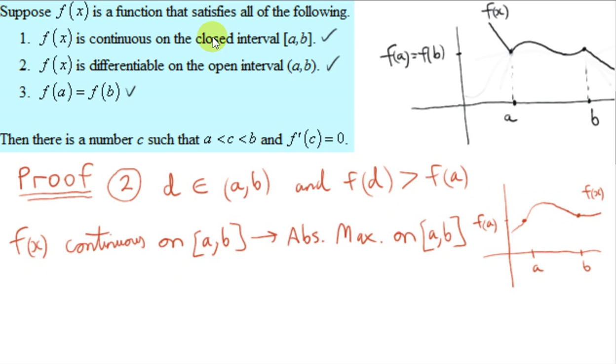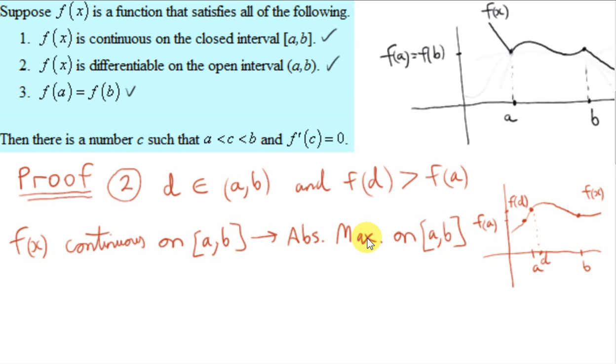Now, since f of x is continuous on the closed interval a b, we can use the extreme value theorem, which is stated in a previous video. It says that there will be an absolute maximum of the function f of x on the closed interval a b. In this picture, this point is the absolute maximum.